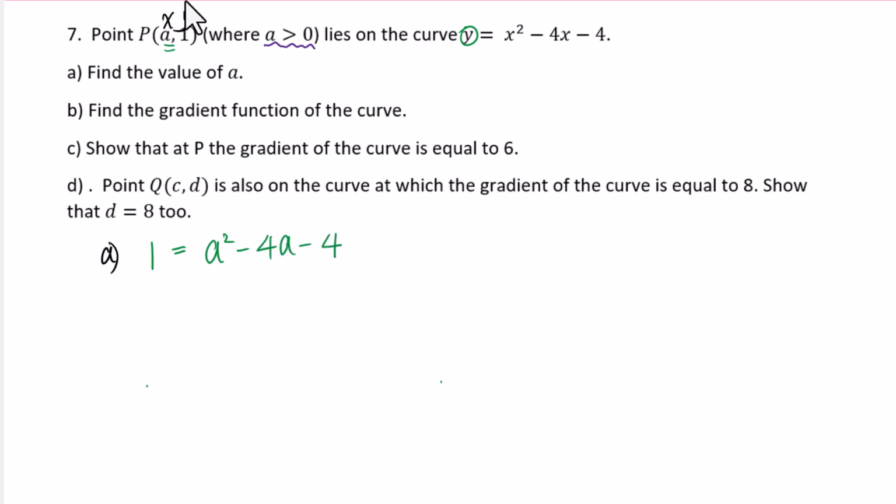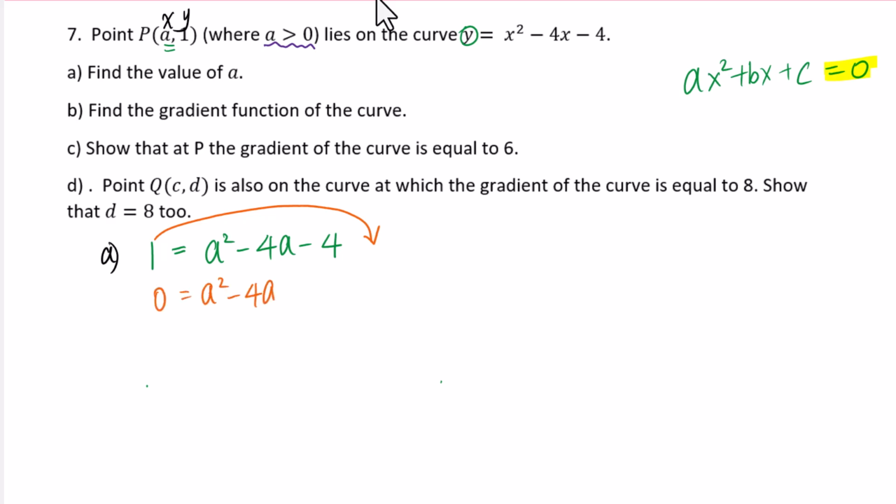For a quadratic function, we always change it into equal to 0 form. Therefore, cross the river, change sign: 0 equals a squared minus 4a minus 4 minus 1. Then combine like terms: 0 equals a squared minus 4a minus 5.